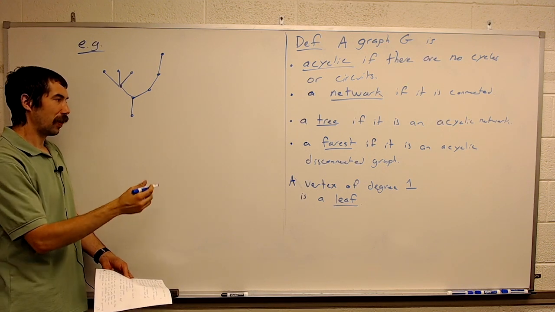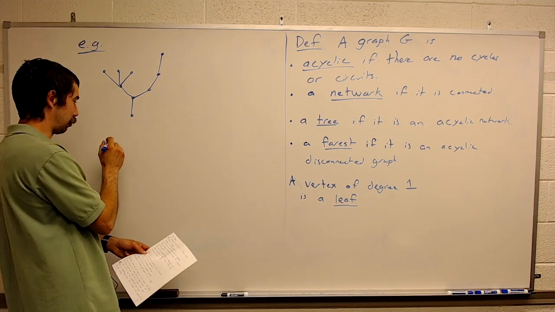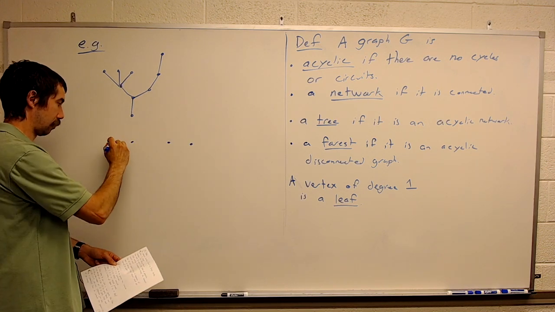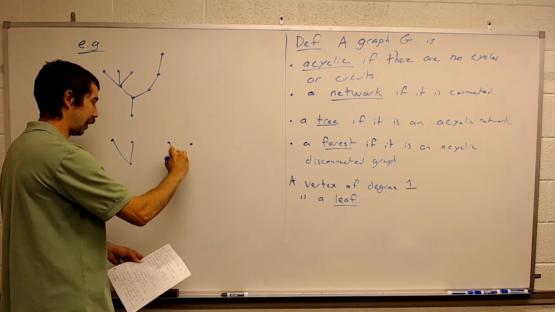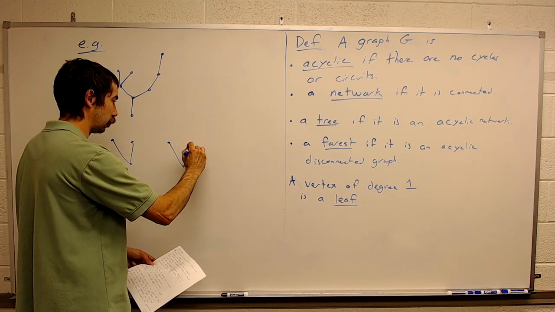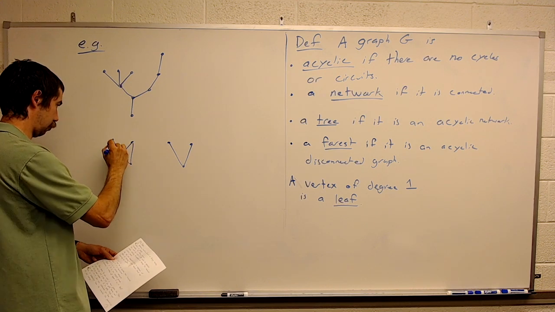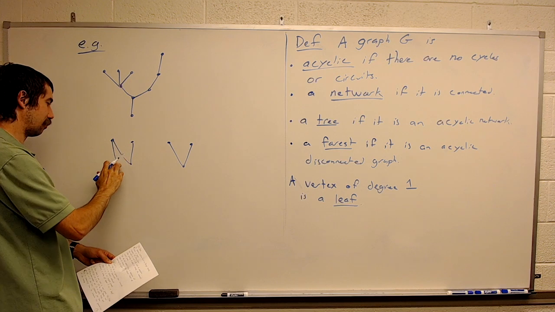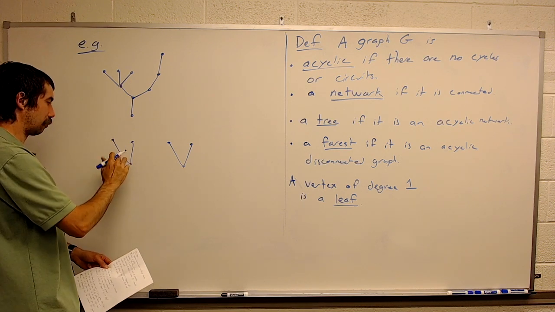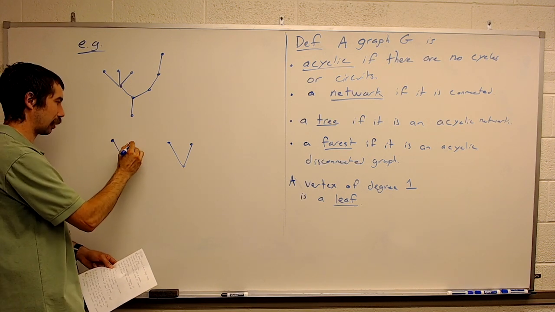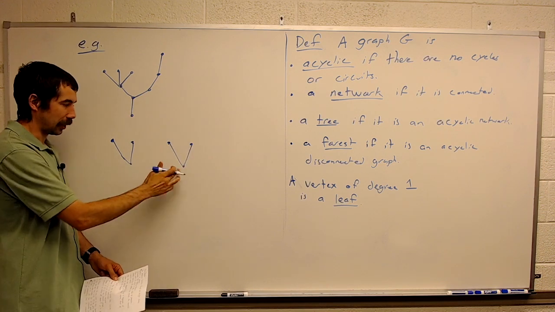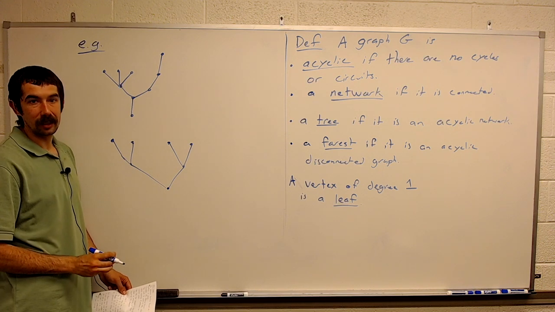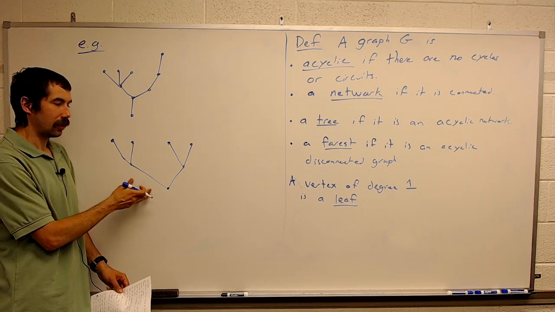Okay, so the family tree is you have a bunch of grandparents. They have kids. Maybe they have a bunch of kids. Let's just say, for purposes, they only have one kid. And it's your mom and your dad, and they have kids, and it's you. Okay, so this is a family tree.